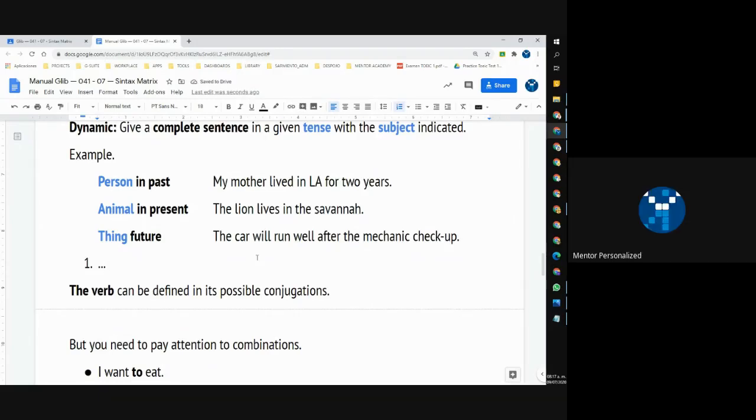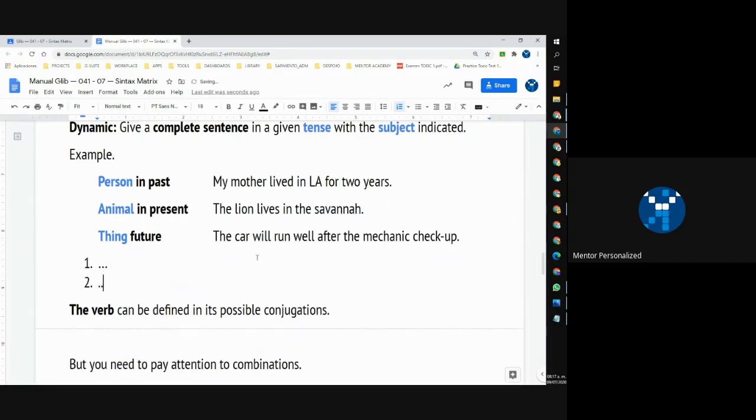Object past. My book is opened in the last session. Okay, but you need to say was opened. Repeat, was opened.